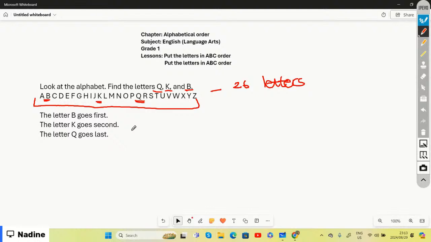And once again, alphabetical order is letters from A to Z. If we were to identify certain letters, we can clearly see that the letters Q, K, and B are in alphabetical order. B comes first, then we have K, and then we have Q, which comes last.